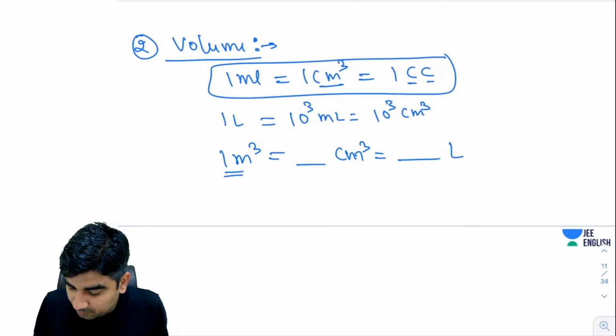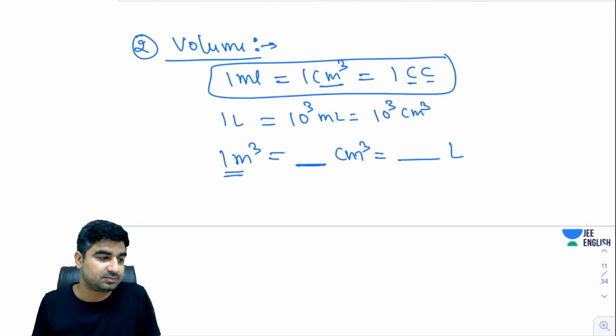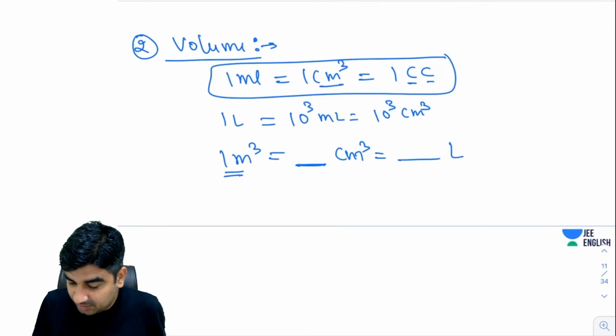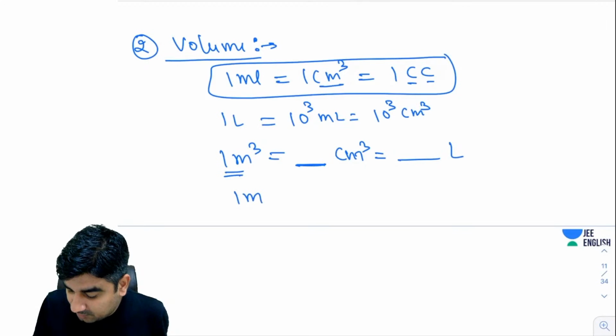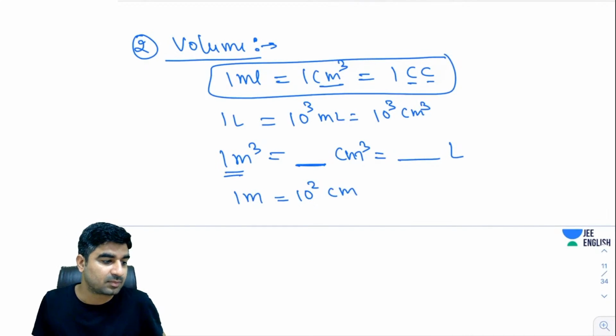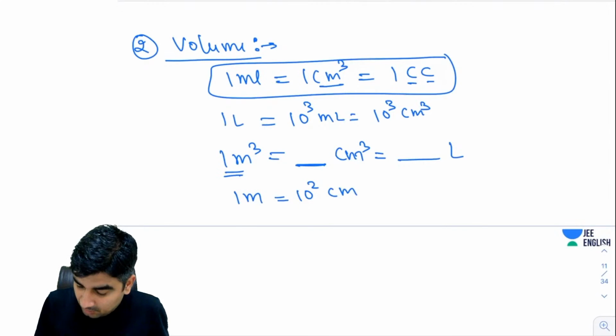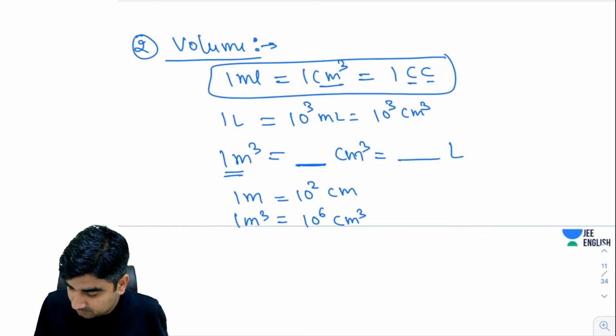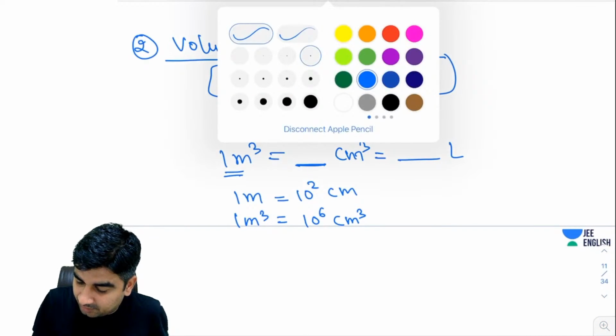So 1 meter cube will be equal to what? So basically 1 meter is equal to 100 centimeter, just cubing both sides.